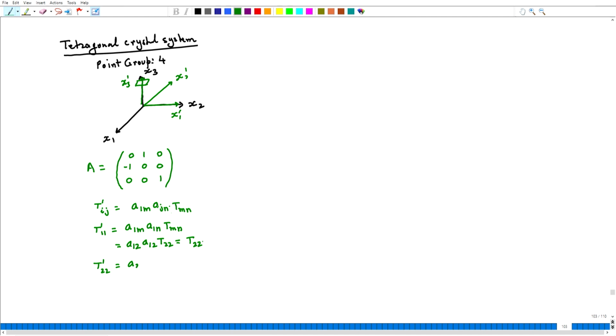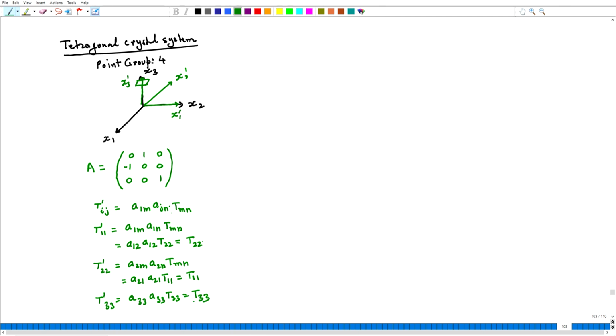T prime 22 would be a2m a2n tmn. So, here the non-zero terms are a21, which is minus 1, a21, t11, both are minus 1, hence T prime 22 would be t11. Similarly, T prime 33, let me write this more directly, a33 a33, these are the only non-zero terms, times T33, and this would be T33.